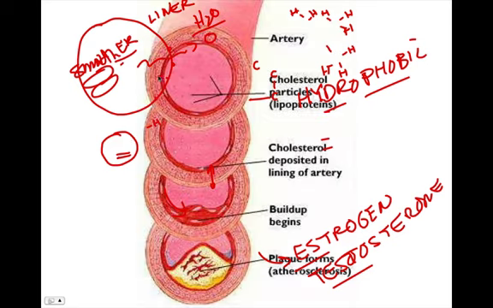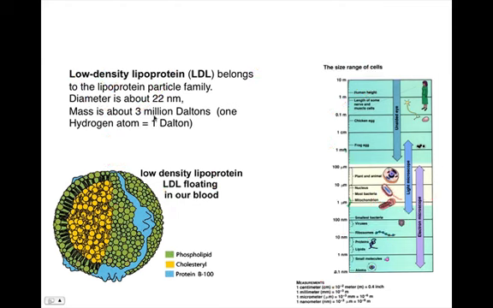So here's what happens. That cholesterol in the liver is packaged into particles, and one particle is called low-density lipoprotein, LDL, and here's what LDL looks like. The yellow is cholesterol that is packed in a hydrophobic core surrounded by, see these phospholipids? So it's a little bit like a micelle type structure.